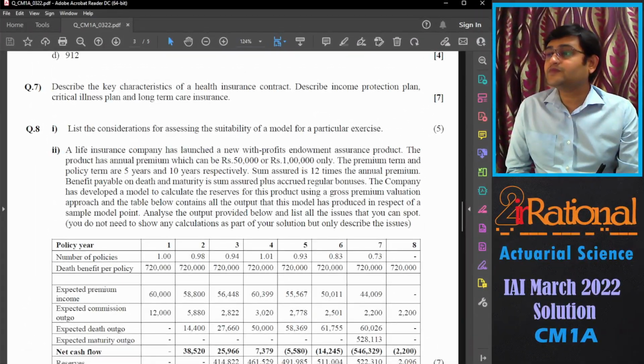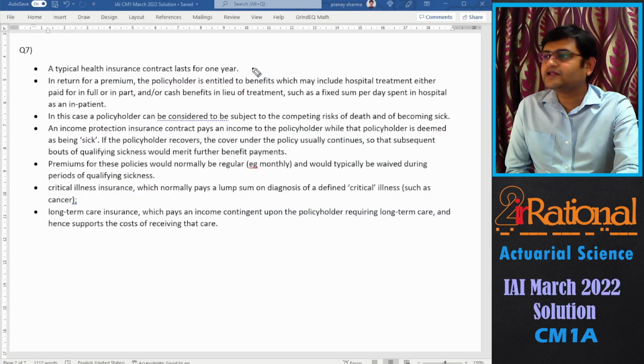Question number 7. Describe the key characteristics of a health insurance contract. Describe income protection plan, critical illness plan, and long-term care insurance. A typical health insurance contract lasts for 1 year. In return for premium, the policyholder is entitled to benefits which may include hospital treatment either paid for in full or in part, or cash benefits in lieu of treatment, such as a fixed sum per day spent in the hospital as an inpatient.